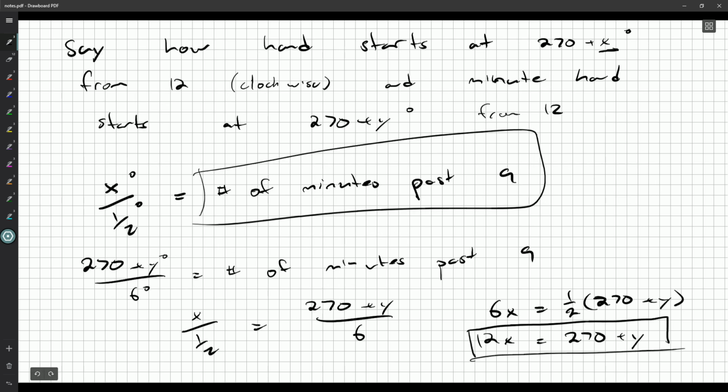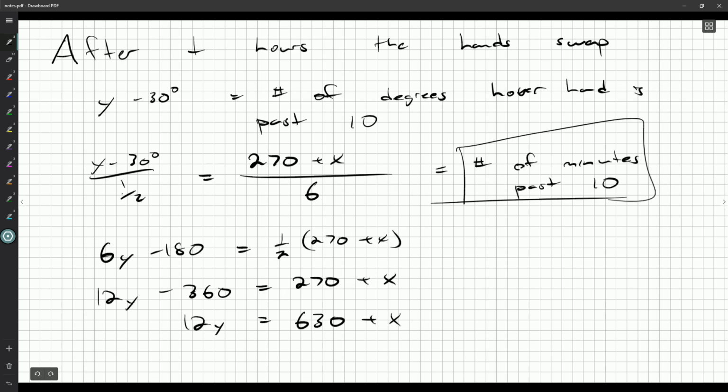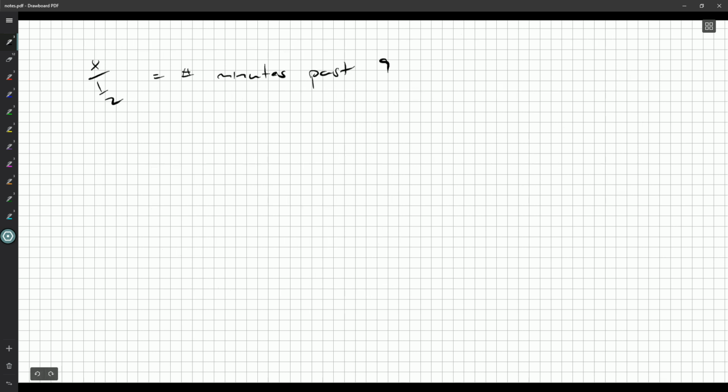So what was it? The number of minutes past 9 is x over a half. And then the number of minutes past 10 is 270 plus x over 6. Okay.